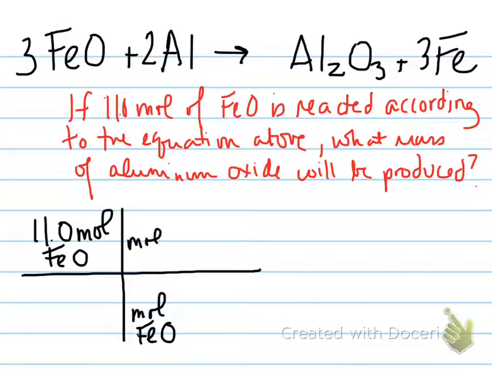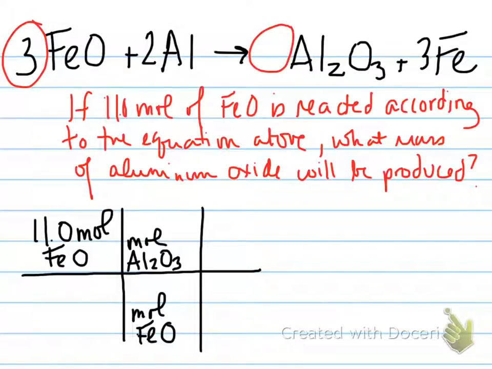So here we're going to have moles of Al2O3. And now we need to put in our mole ratio, which we're going to get from our balanced chemical equation. Okay. So for every 3 moles of iron oxide that's reacted, we generate 1 mole of aluminum oxide as a byproduct.